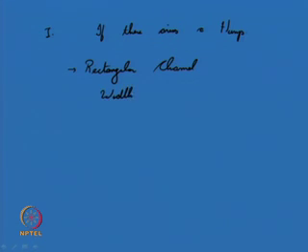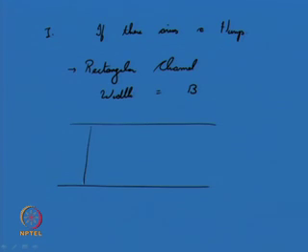Its width is b. If you take the longitudinal profile at a particular cross section, this is the depth of flow, y 1, in that rectangular channel.